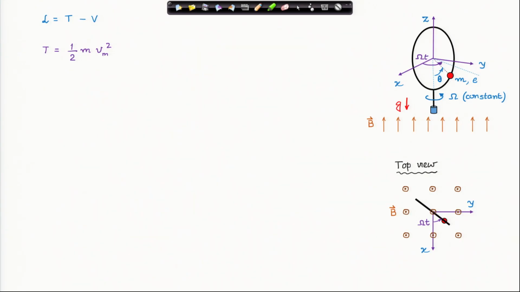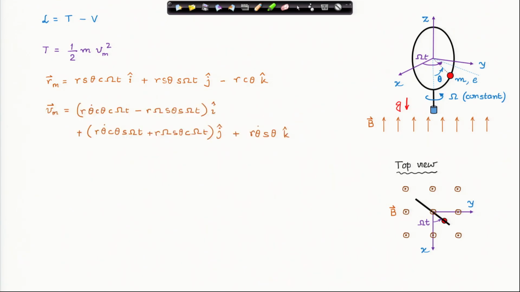Now, the Lagrangian is kinetic energy minus potential energy of the system. We write down the position vector of the bead, which we have done before. We have calculated the velocity of the bead. The hoop is rotating at a constant angular velocity, capital Omega.